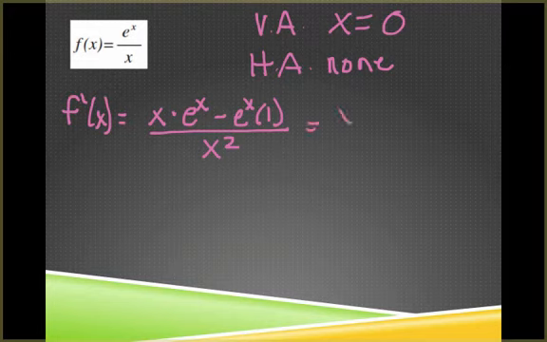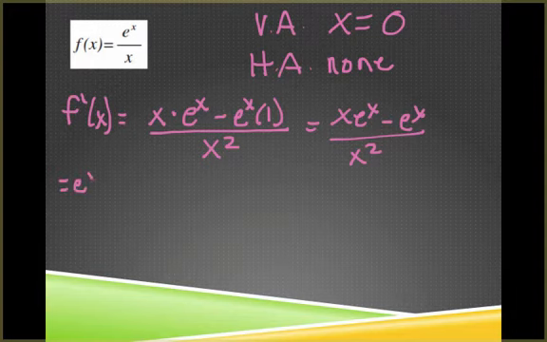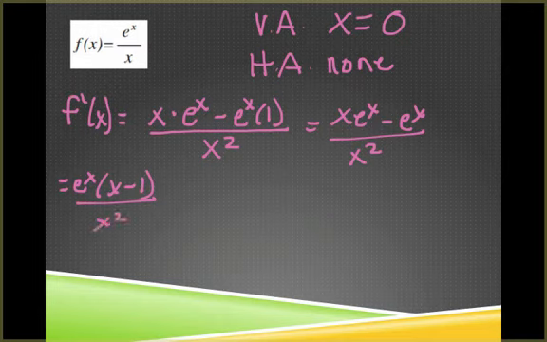Well, that is x e to the x minus e to the x over x squared. But notice that in the numerator we can factor out an e to the x. So let's do that.